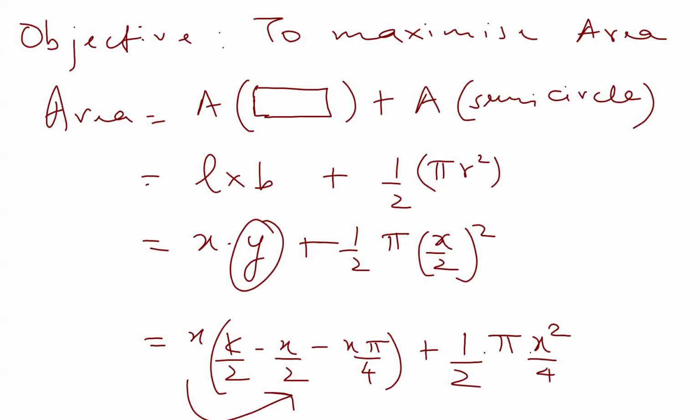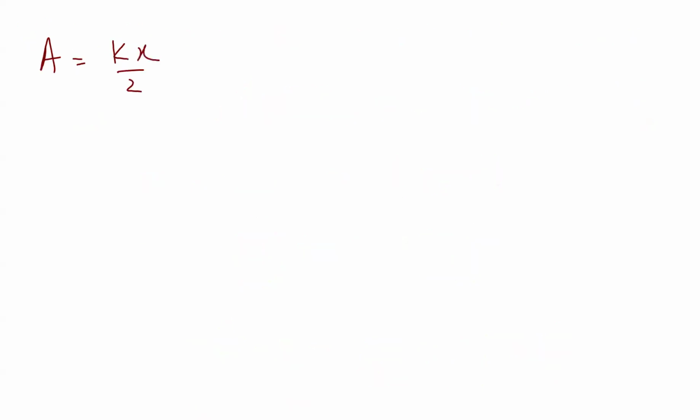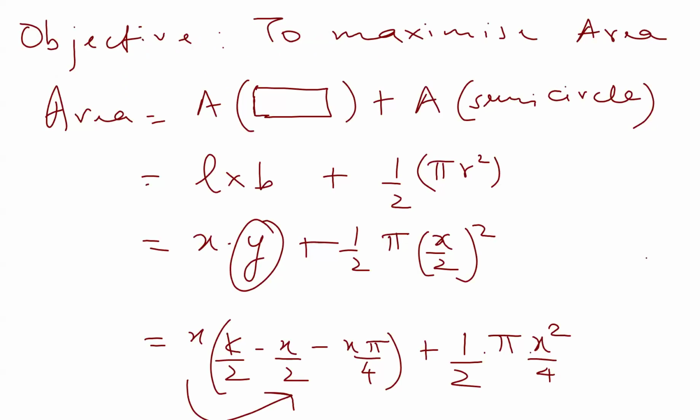Area is equal to kx by 2 minus x square by 2 minus x square pi by 4 plus pi x square by 8.